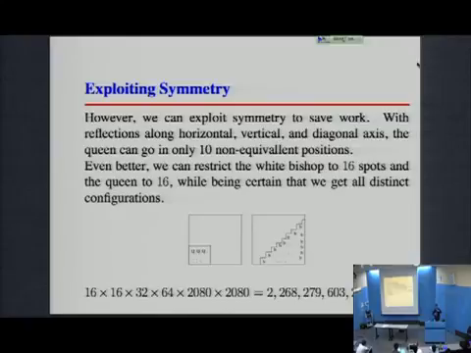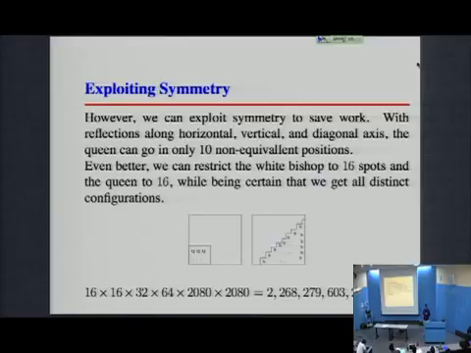Turning the board around changes the position of the pieces, but the number of threatened squares hasn't changed. I'd like to not look at the same symmetrical thing each time. Does everybody see that? If I can avoid looking at symmetrical copies, that will save time.